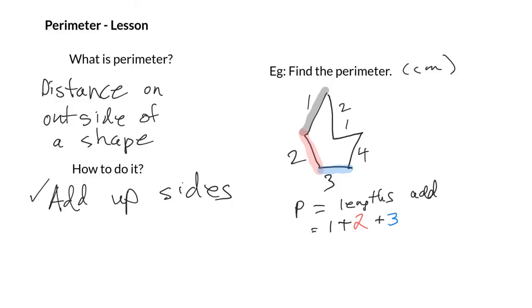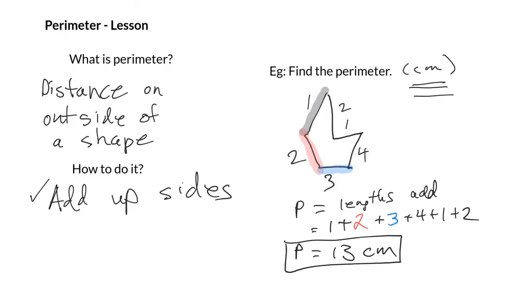And then we continue on for the rest of this shape: plus 4, plus 1, plus 2. You pull out your handy dandy calculator and you get the answer of 13. And remember, we said this was in centimeters, so we write centimeters as our units at the end.